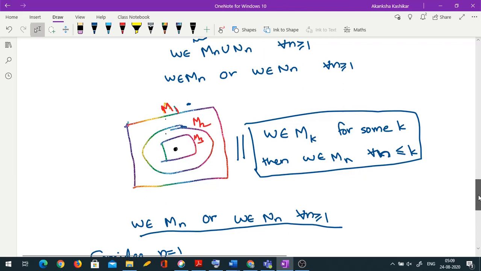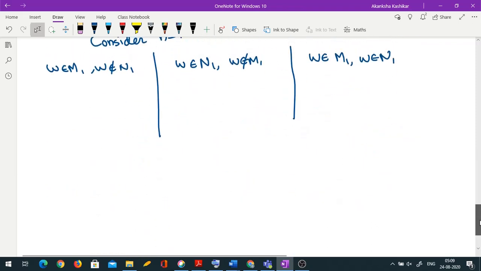So in that case, if omega is in M1 but not in N1, what I know is omega cannot be in Nk for any k, because once it is outside N1, N1 is the largest set, so it is outside everything.